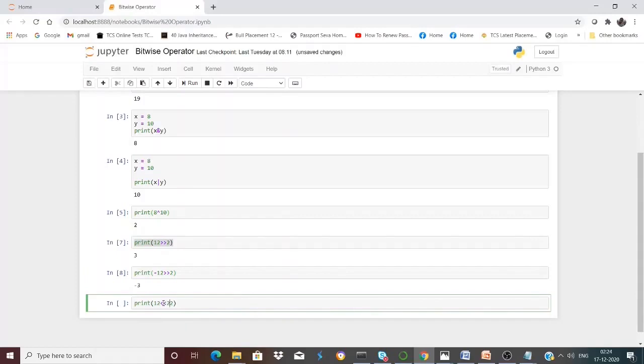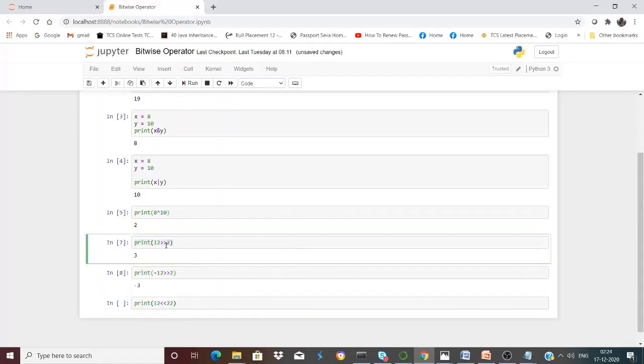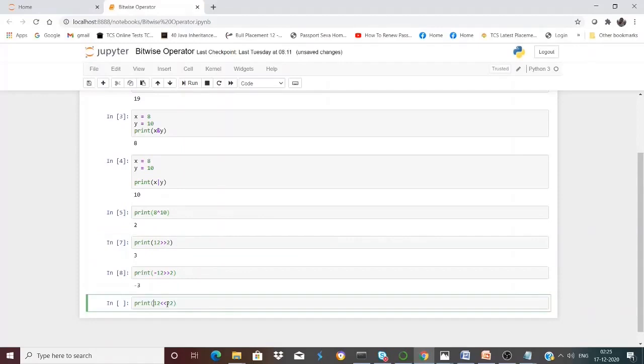So applying the right shift operator, as we just mentioned, is equivalent to dividing a number by some power of 2. Similarly, applying the left shift operator is equivalent to multiplying the first operand by some power of 2.